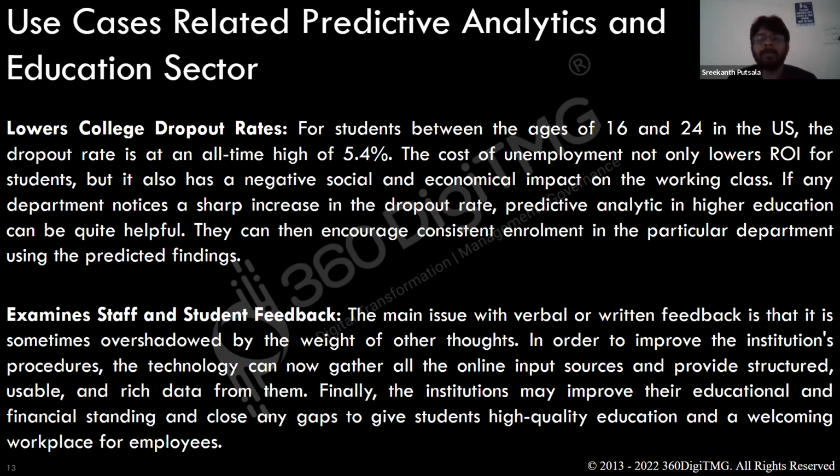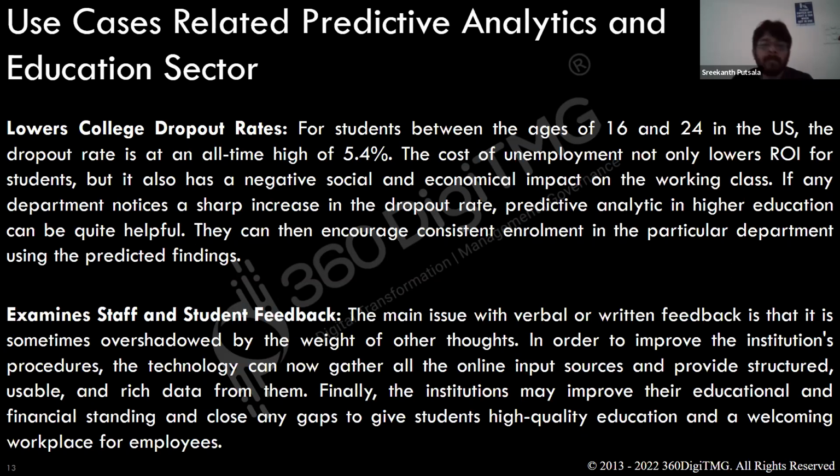So what results here? The cost of unemployment. It not only lowers ROI for students, but it also has a negative social and economic impact on the working class. So this is something happening. If any department notices a sharp increase in the dropout rate, predictive analytics in higher education can be quite helpful, right?